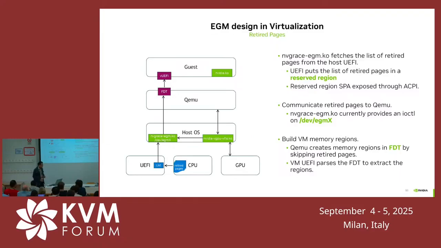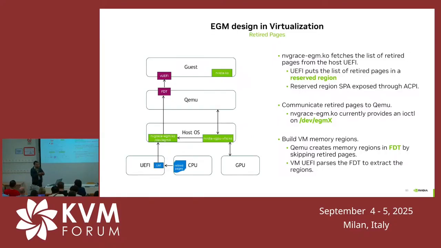Right. So as I mentioned, this EGM region is hidden from the host. So who manages it when there are retired pages on the EGM region? We have handled this in a way that UFI would have the list of all the retired pages that it is aware of.